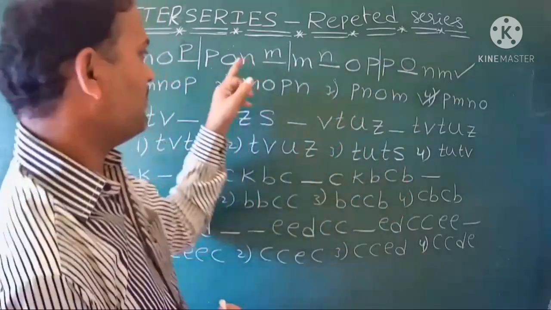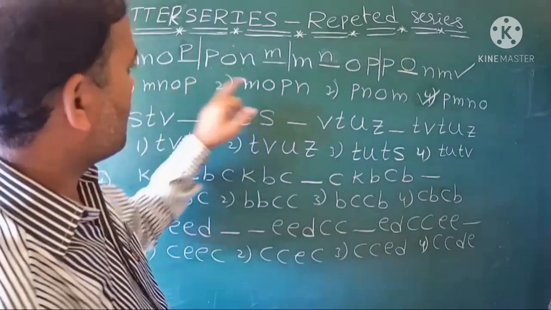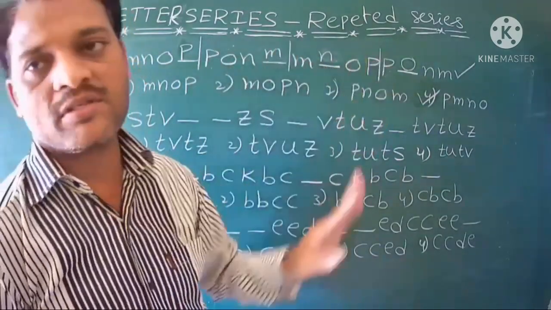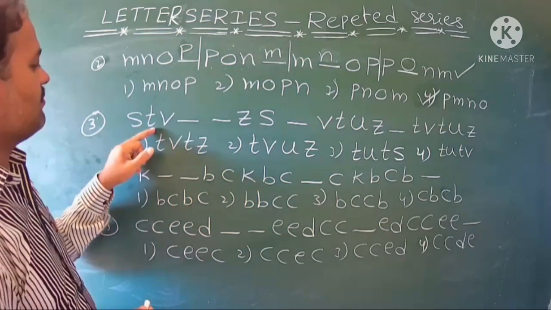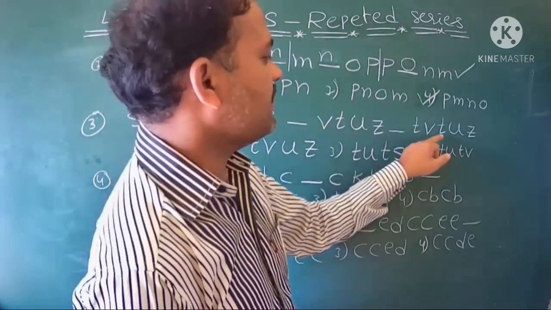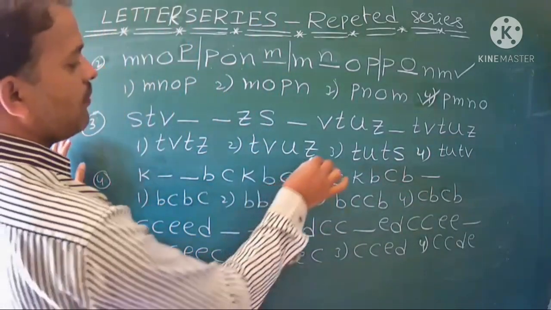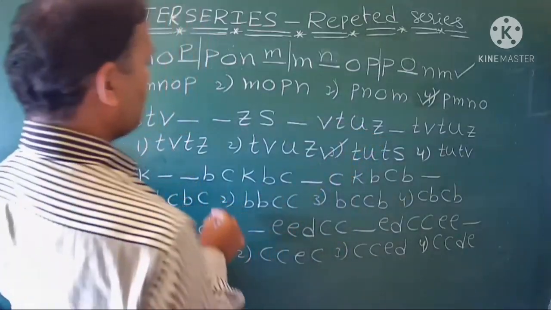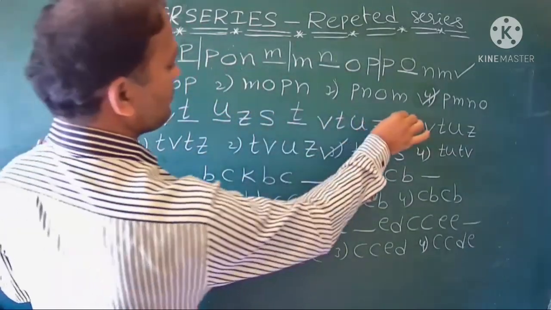First, write the given question four times, then substitute all four options and find which option is suitable. Next, similarly the third question: STV dash dash ZS dash VT UZ dash TV TUZ. Check the third option by substituting TU TS.